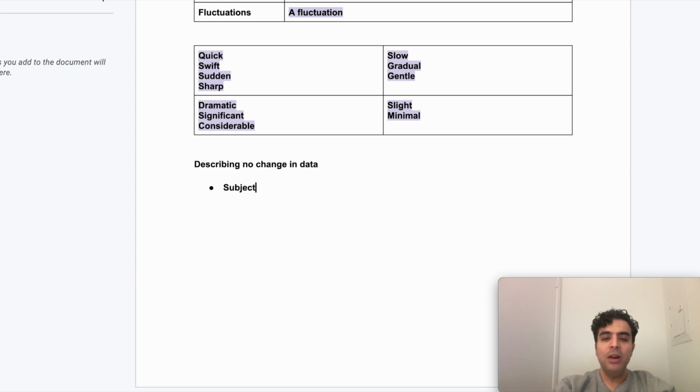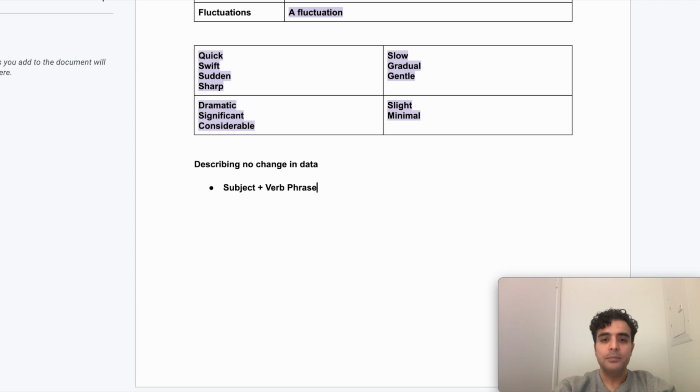So the verb phrase structure, similar to the verb phrase structure that we use to describe increases and decreases, starts with the subject. So we have, the number of students. But then the verb phrase that you use will be described here.